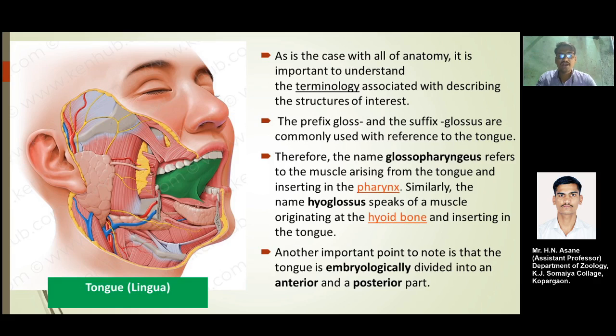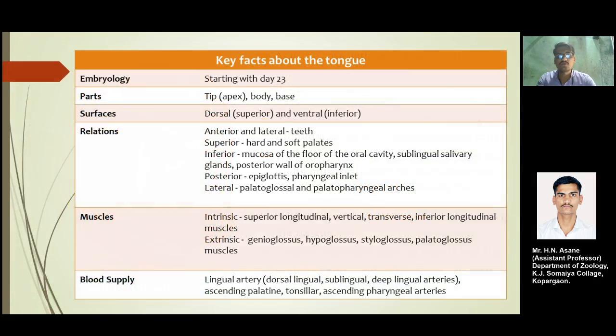Another important point to note is the tongue is embryologically divided into an anterior and a posterior part. We will see what the specifications of the anterior part are, as well as those of the posterior part of this organ.